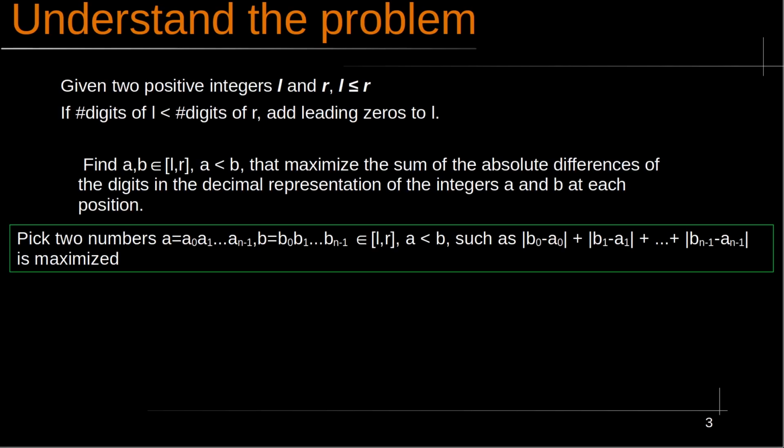That means the absolute value of the difference of the first digit of B and the first digit of A, plus the absolute value of the difference of the second digit of B and the second digit of A, plus, until we reach the last digit, the absolute value of the difference of the last digit of B and the last digit of A. This sum must be maximized.